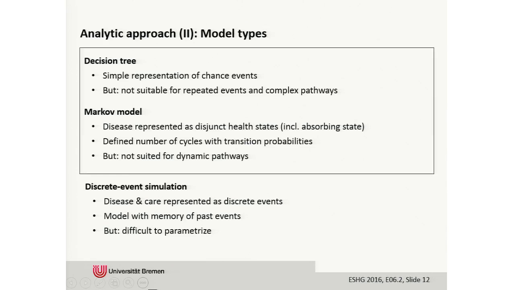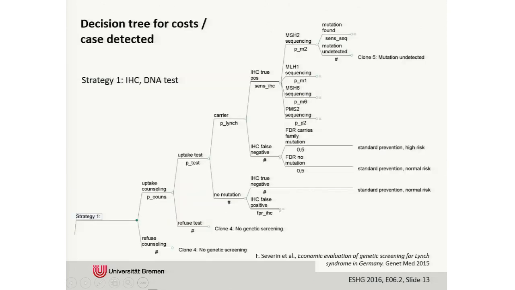In our study, we combined a decision tree to analyze the testing process with a Markov model to analyze the effects and costs of the prevention part. So the decision tree we had in the beginning, like the first strategy which started with immunohistochemistry and then DNA testing for those where IHC was positive.